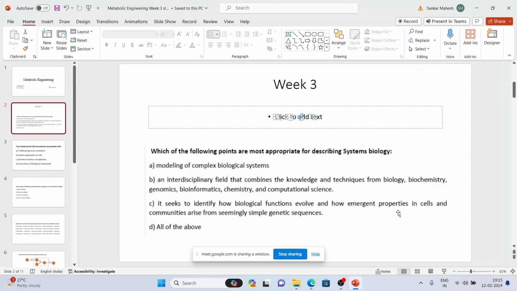Option C, it seeks to identify how biological functions evolve and how emergent properties in cells and communities arise from seemingly simple genetic sequences. And option D, all of the above. So, Kritika, you can take a couple of minutes and try answering this question, then we'll discuss it further.